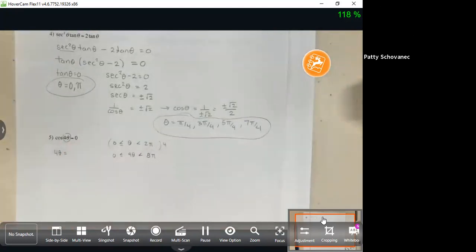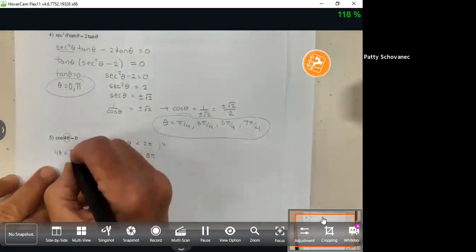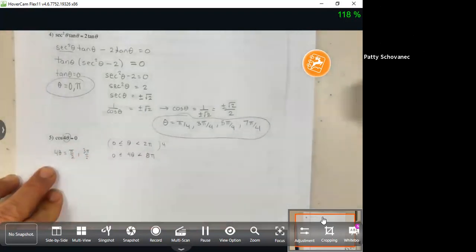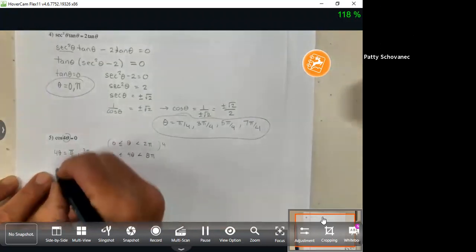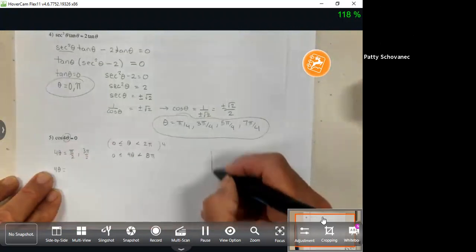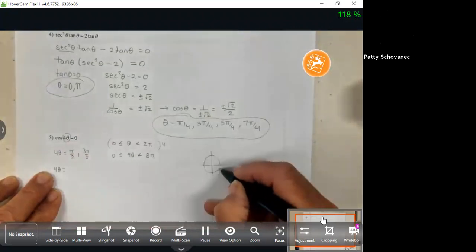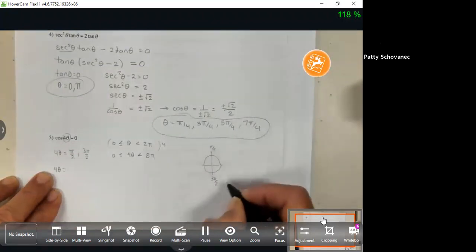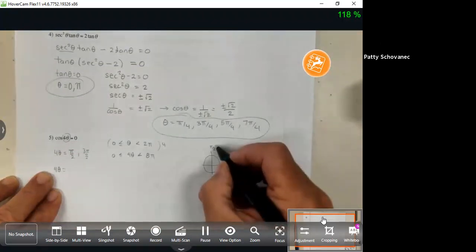Firstly, between 0 and 2 pi were the 2 numbers I said: pi halves, 3 pi halves. Now I'm going to go again. That's pi halves, that's 3 pi halves. If I add pi to that, I'm back up here.